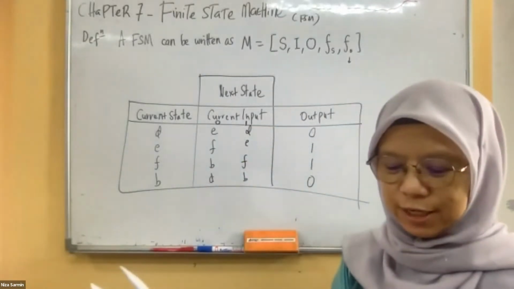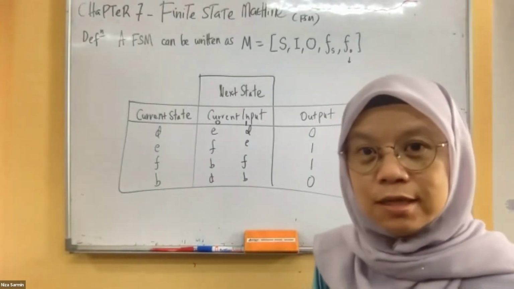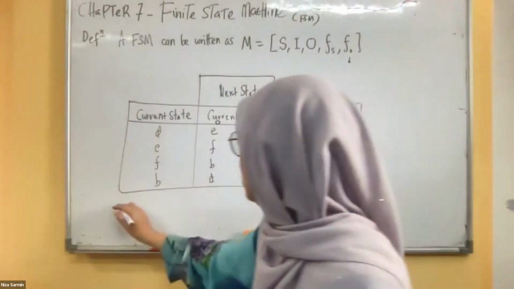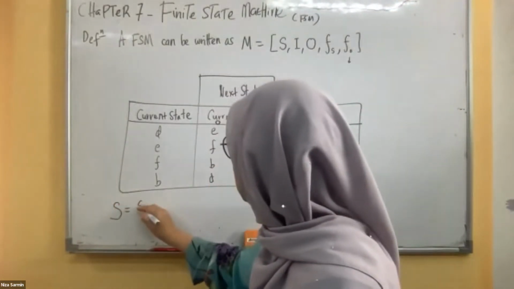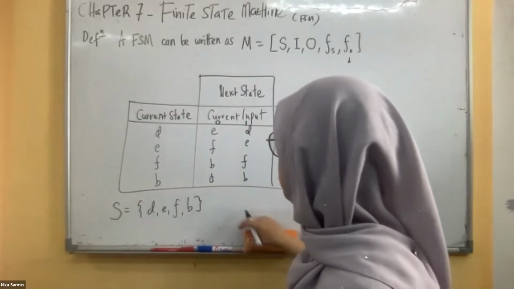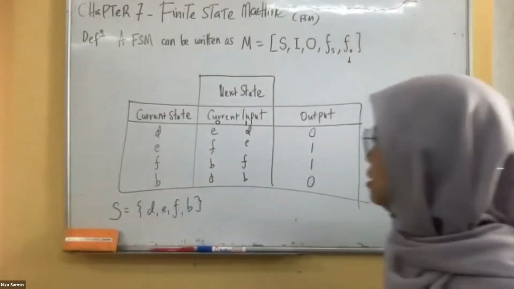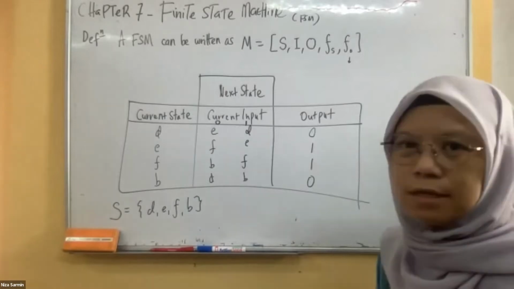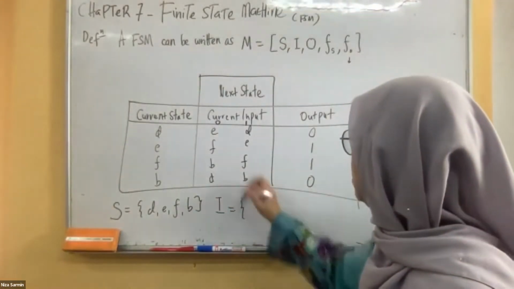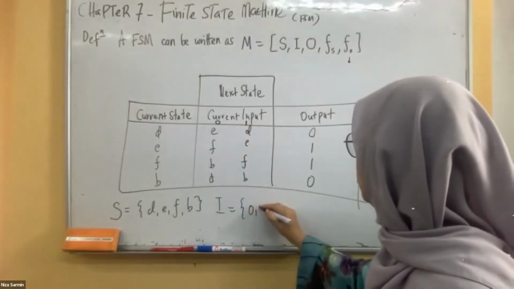The question is, list the current state. So you will list S is D, E, F, B. List the input, the current input. You will list I is 0, 1.